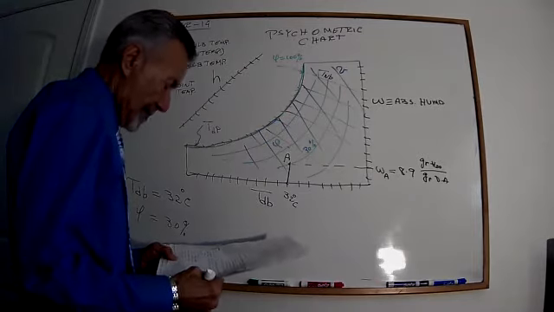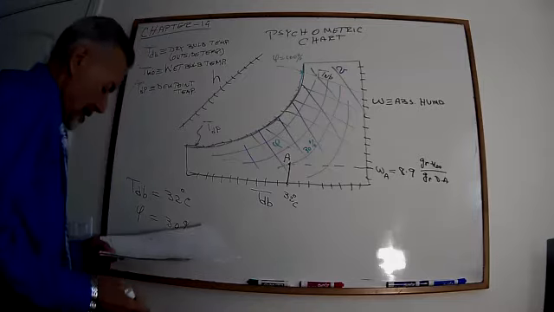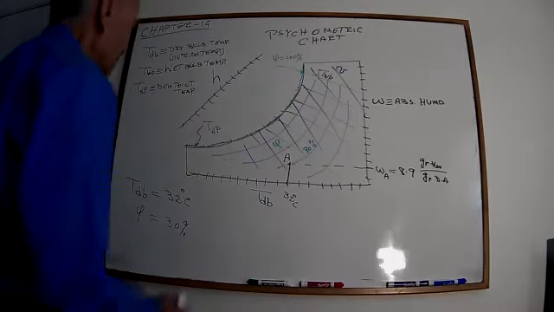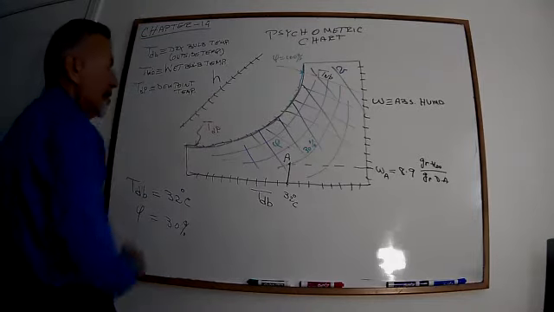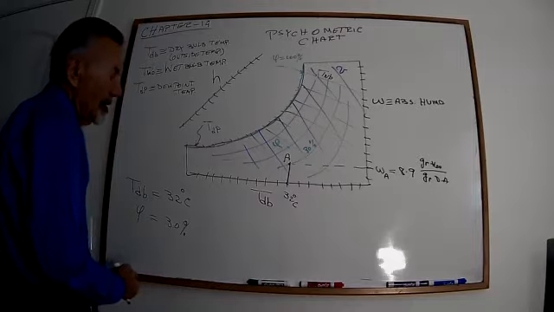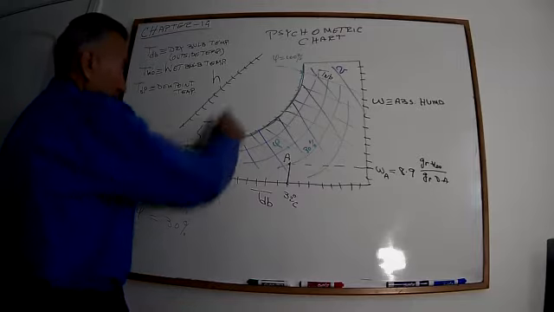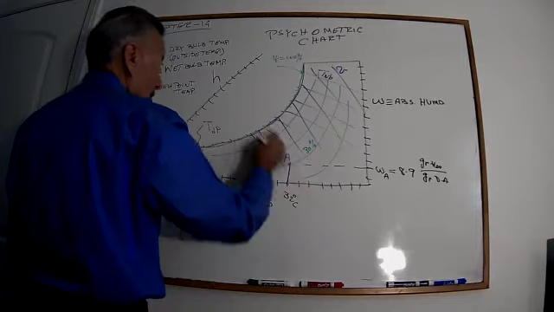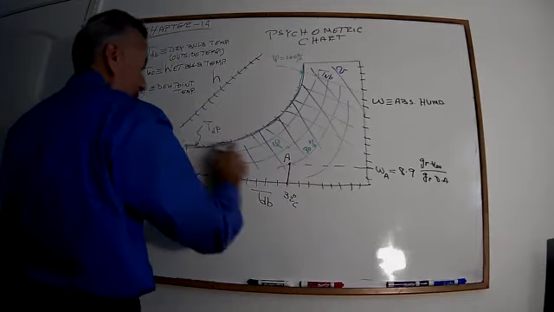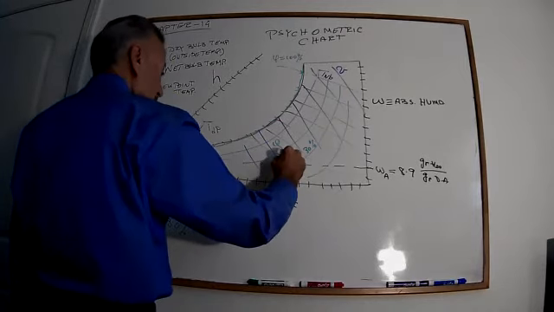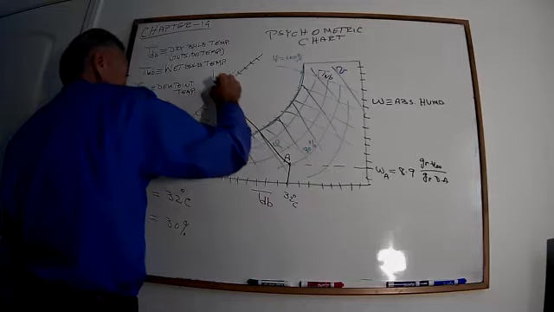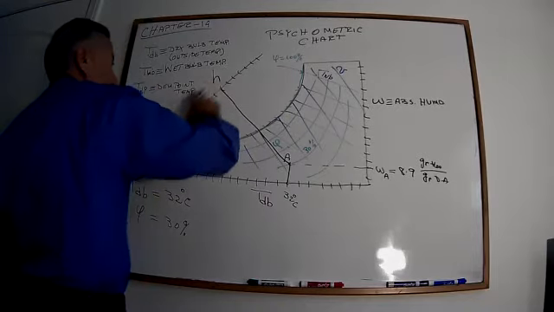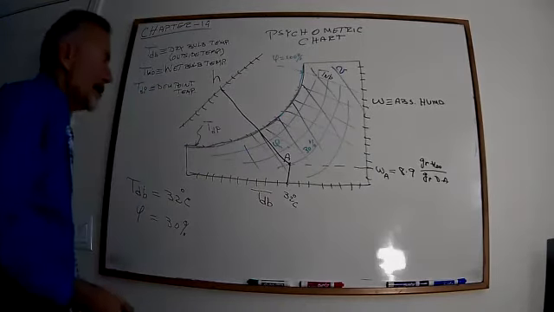Yeah. All right, good. Now, if I want to find the value of H, the enthalpy, I draw a perpendicular line from this point to the H-axis. So I go straight up and I hit the H-axis.